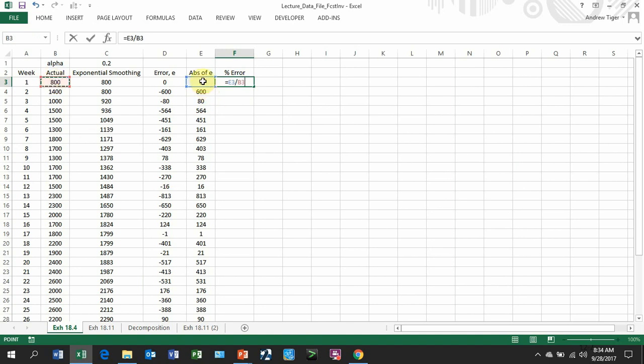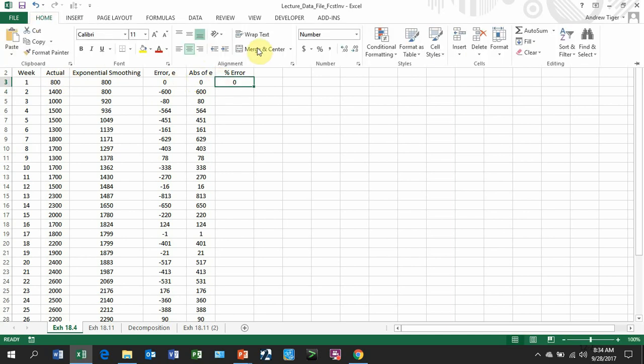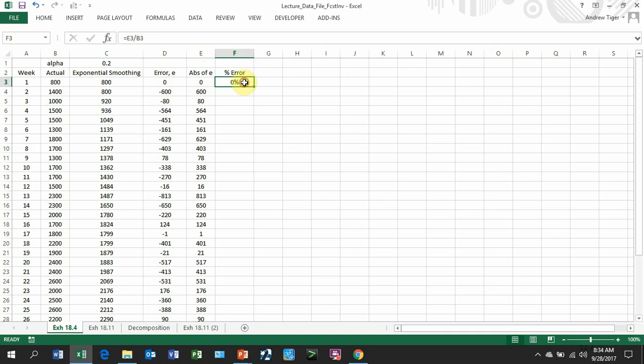We're not looking at the magnitude of the error, we're looking at the magnitude of the error relative to what really happened. And from that, we also want to show it as a percent. I think that's easier to understand. So you can see for this one, we were off 600 on a 1400 actual. So that's 43% off. The next one, week 3, we were off 80 on 1,000. That's 8% off.